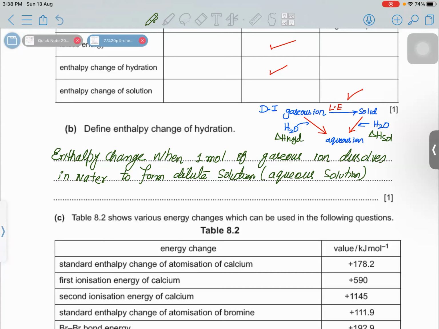Standard is not written in the definition, so no need to mention standard conditions. Are you getting my point or not? Yes, sir, I'm getting it.